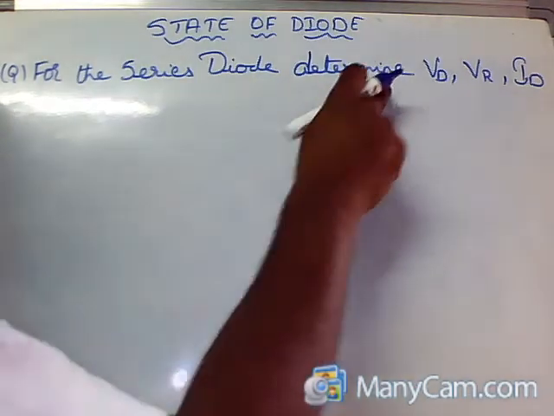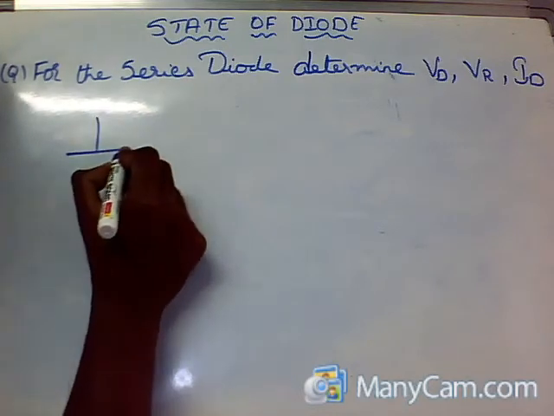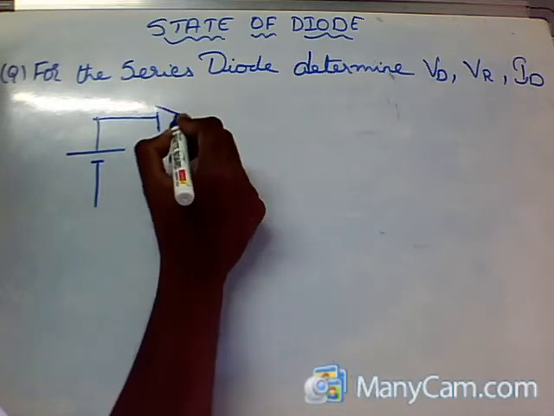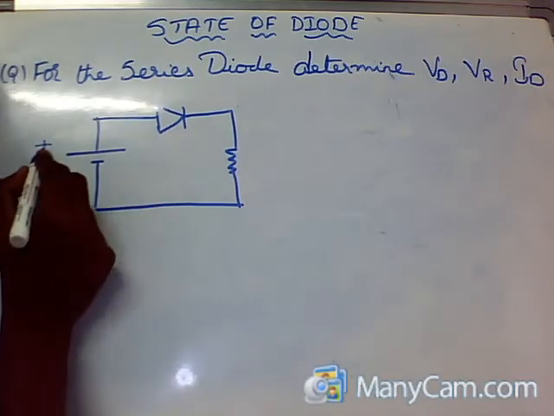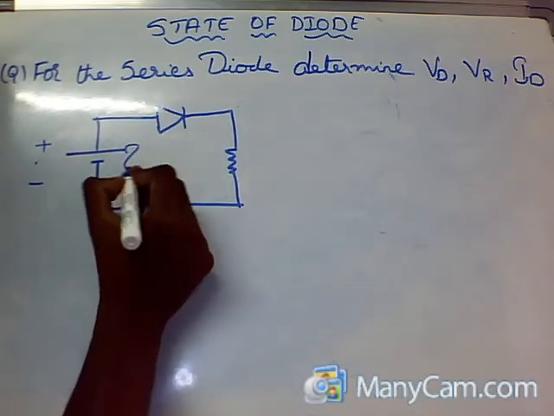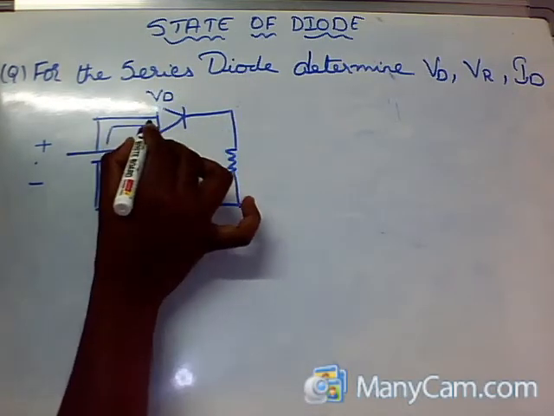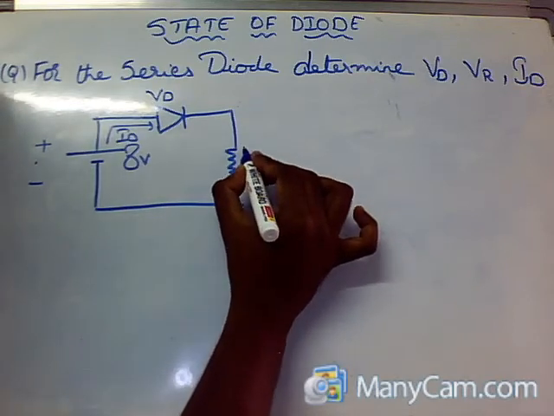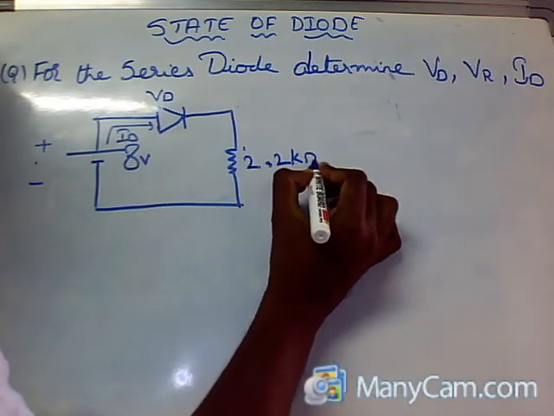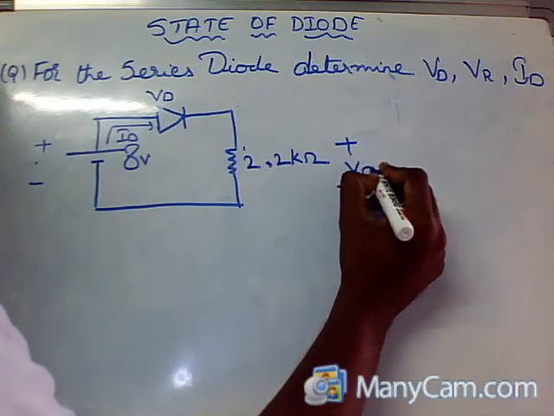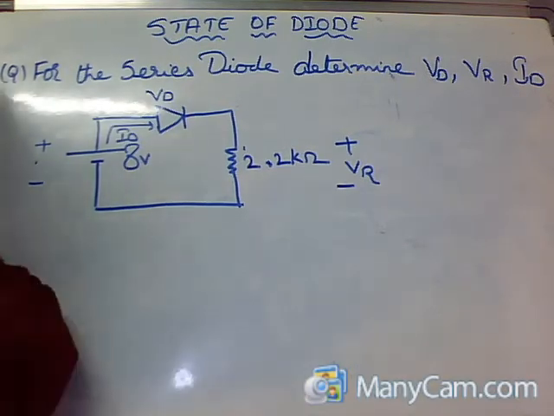For the series diode, determine VD, VR and ID, and the circuit is: the voltage source given is 8 volts, and this is VD, this is ID, and this is a resistance of 2.2 kilo ohms, which has a voltage drop VR. So this is the circuit given to us.